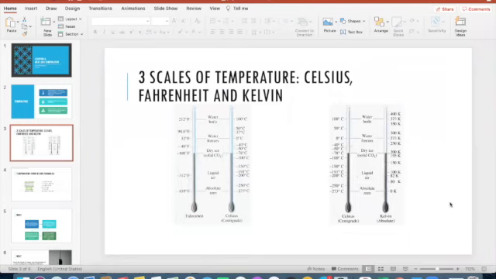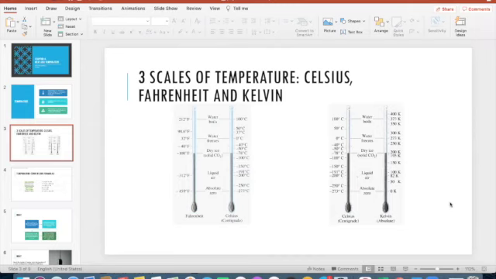There are 3 scales of temperature. We have Celsius, Fahrenheit, and Kelvin. Now, the SI unit for temperature is actually Kelvin. It's not Celsius, it's not Fahrenheit, even though that's what we use here in America.